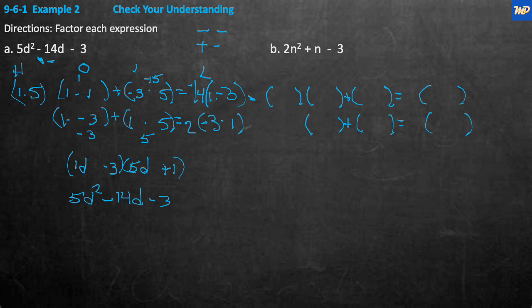Okay, so 2 and 1. I start with the 1. 1, 2. All positive. 3 is a 1. And I said the larger term is going to be positive this time because this is positive. So now I'm going to say negative 1 and 3, because the bigger term has to be the positive term.